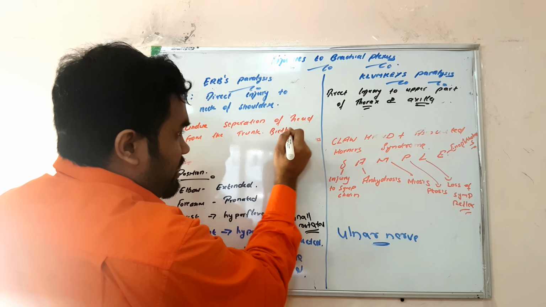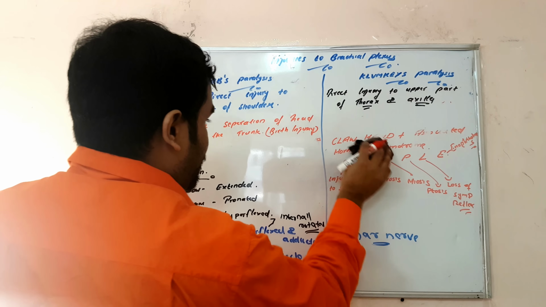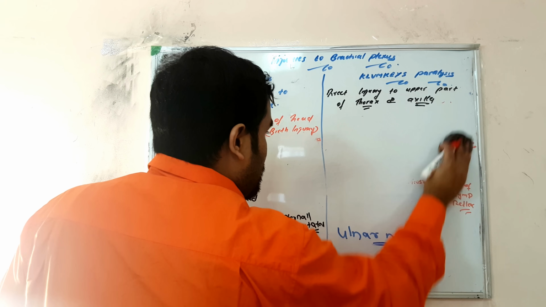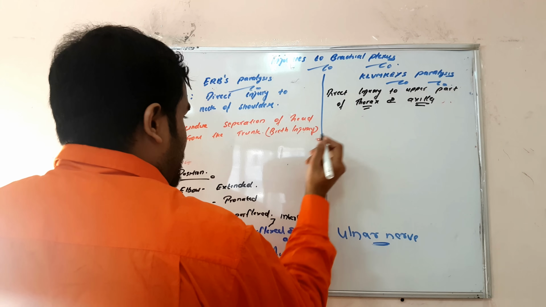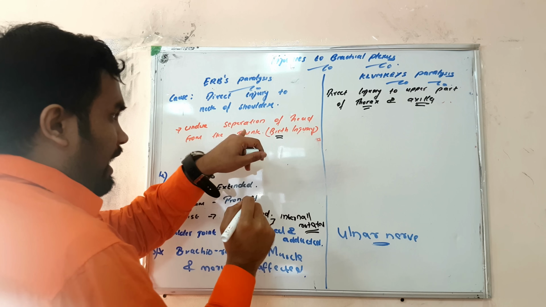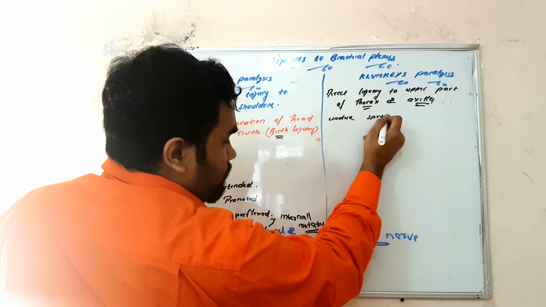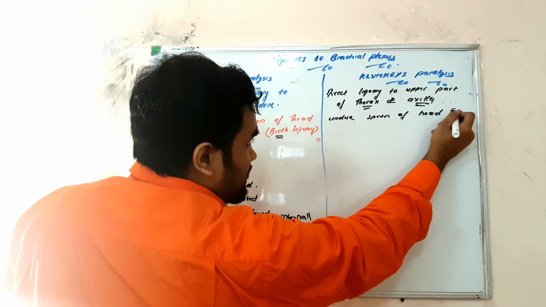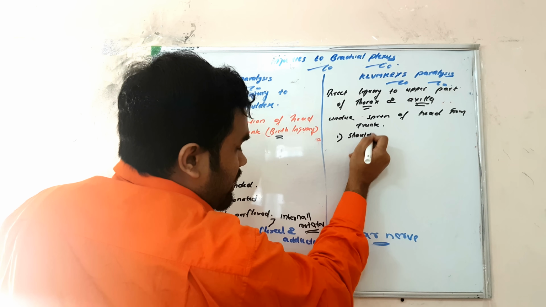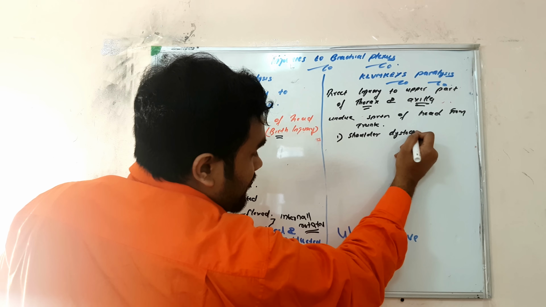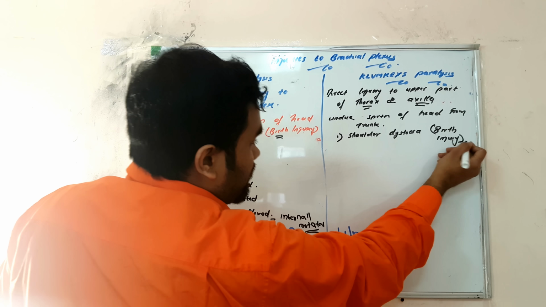So Erb's paralysis is commonly seen in birth injury. Here Klumpke's paralysis can also be seen due to undue separation of the head from the trunk. That is shoulder dystocia. It is seen in birth injury while delivering the baby.